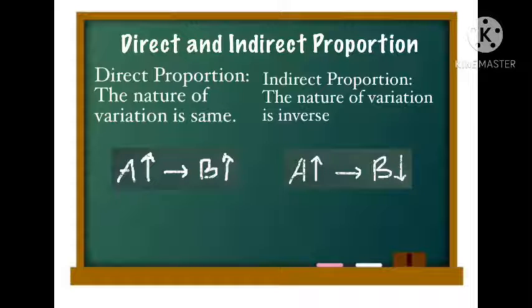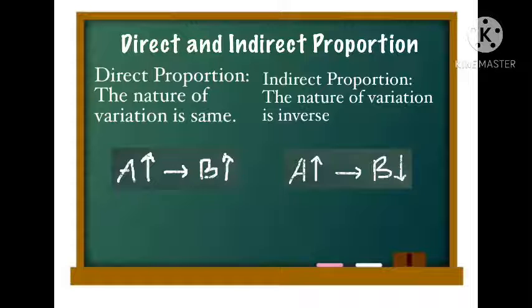For example, if we have quantity A and quantity B, and when you increase quantity A this makes an increment in quantity B as well, then we will say that the two quantities are directly proportional. Very easy to understand. Now we will move on to indirect proportion.